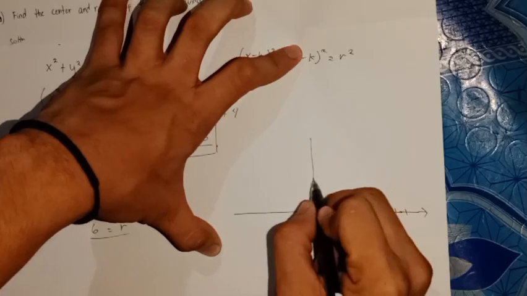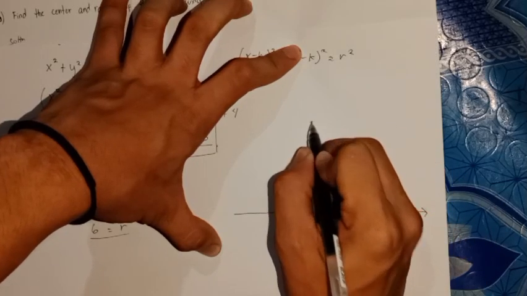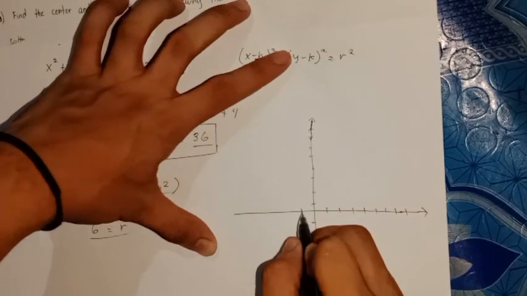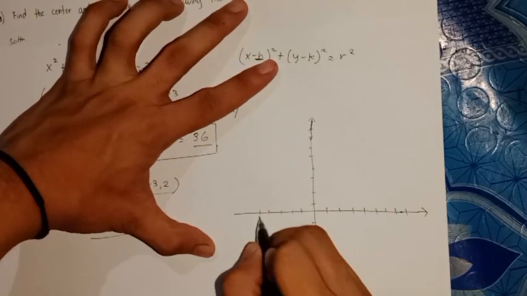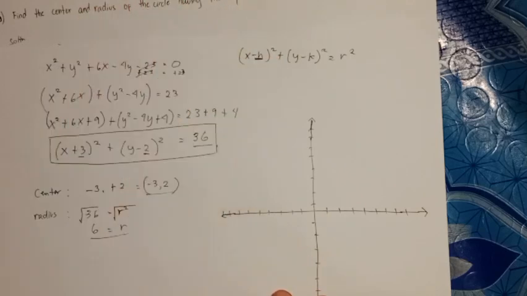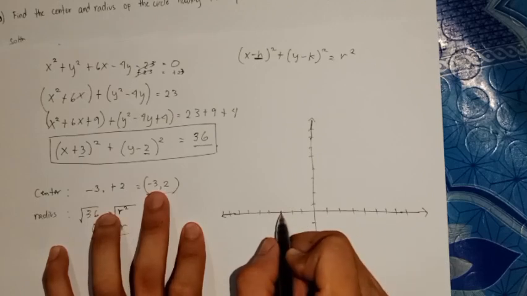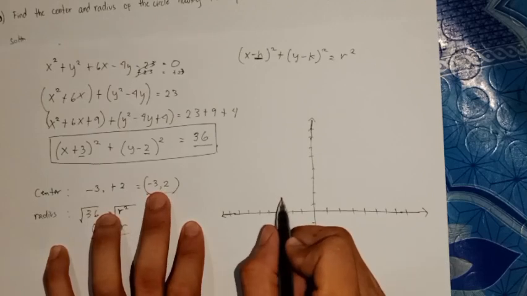One, two, three, four, five, six, seven, eight. Now, since we have a Cartesian plane, our center is negative 3, 1, 2, 3, negative 3, and positive 2, 1 and 2.